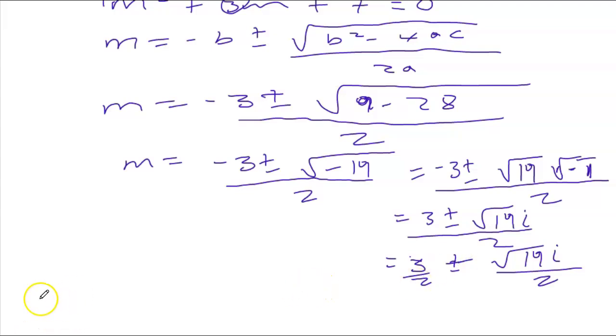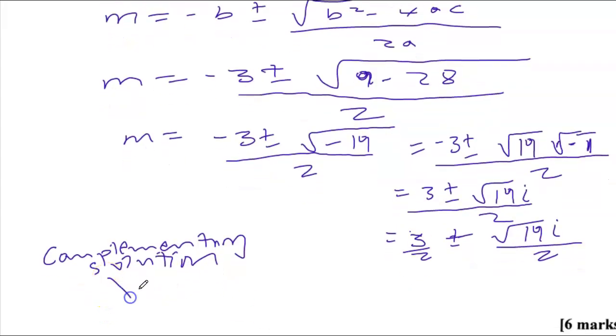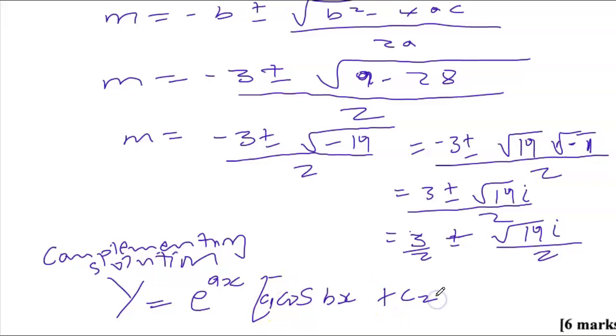Now the complementary solution, since the roots are complex numbers, normally the format is y equal to e to the ax into c1 cos bx plus c2 sine bx, where c1 is a constant and c2 is another constant.